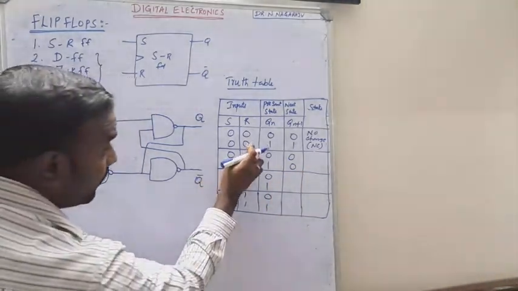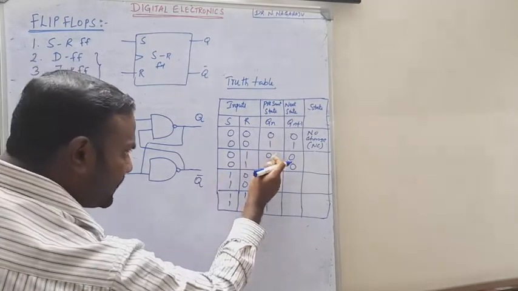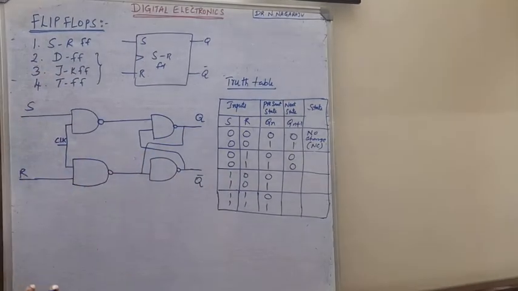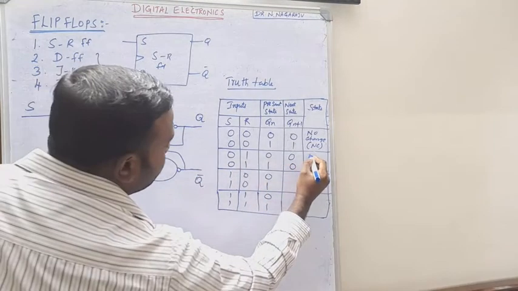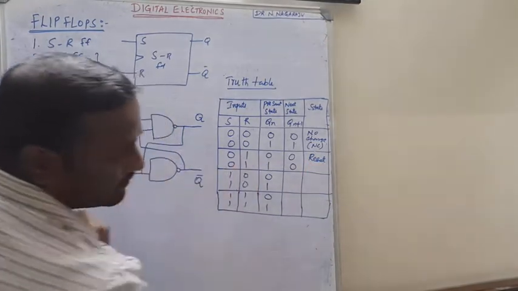When R is equal to 1, the next state must be 0. So this is the reset state, because R is equal to 1.